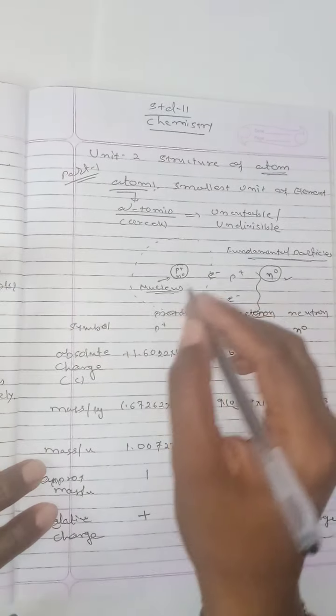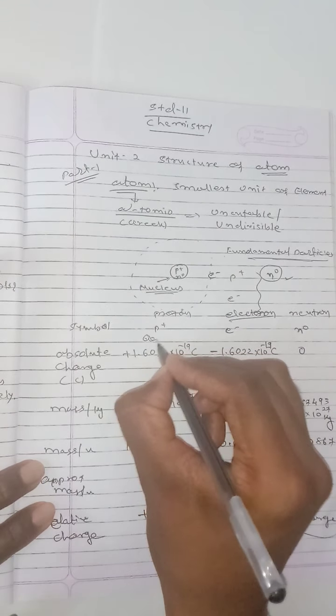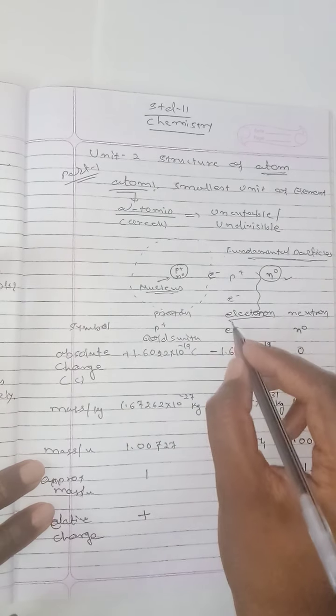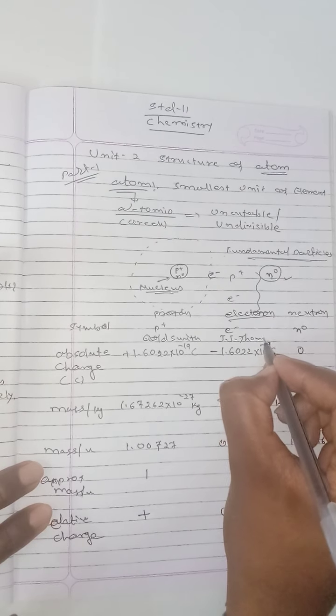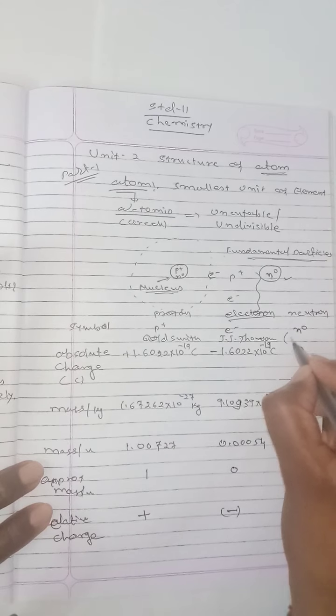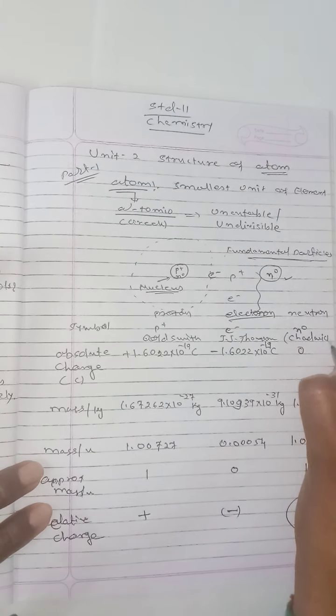The proton was experimentally discovered by Goldstein, the electron by J.J. Thomson, and the neutron by Chadwick.